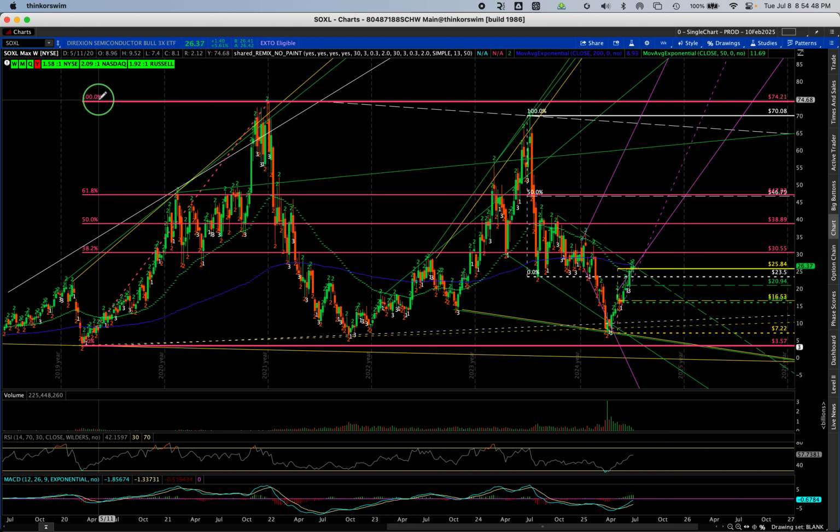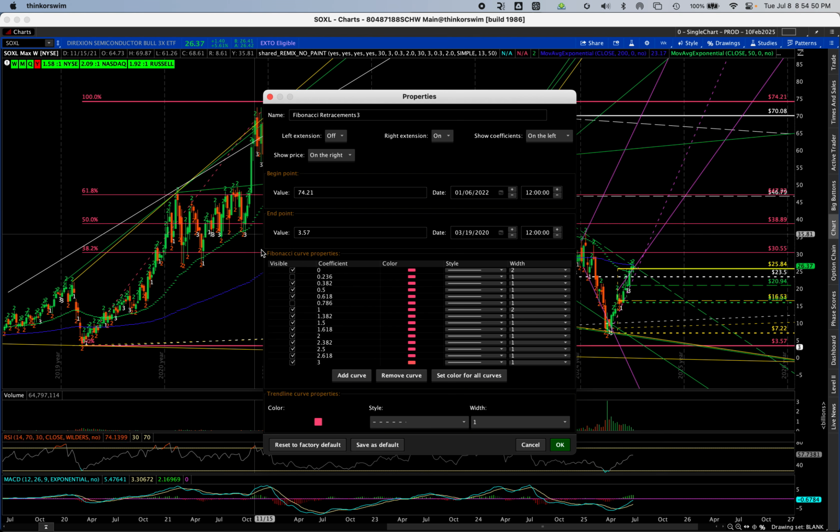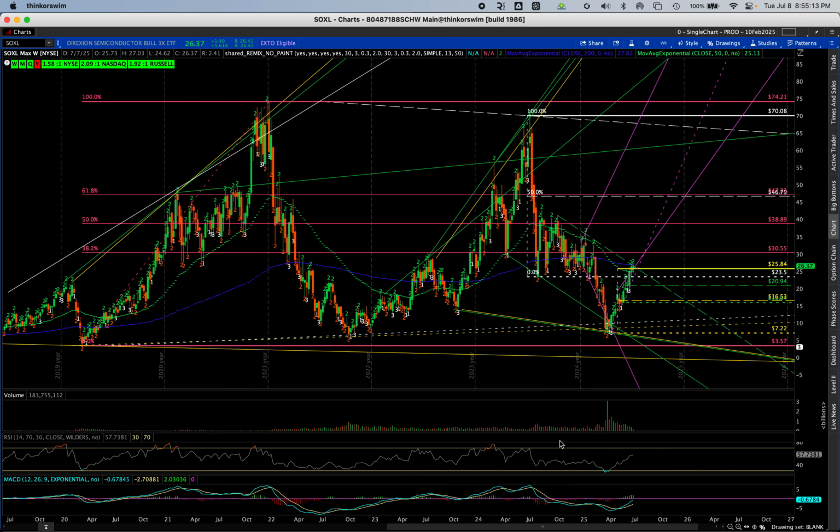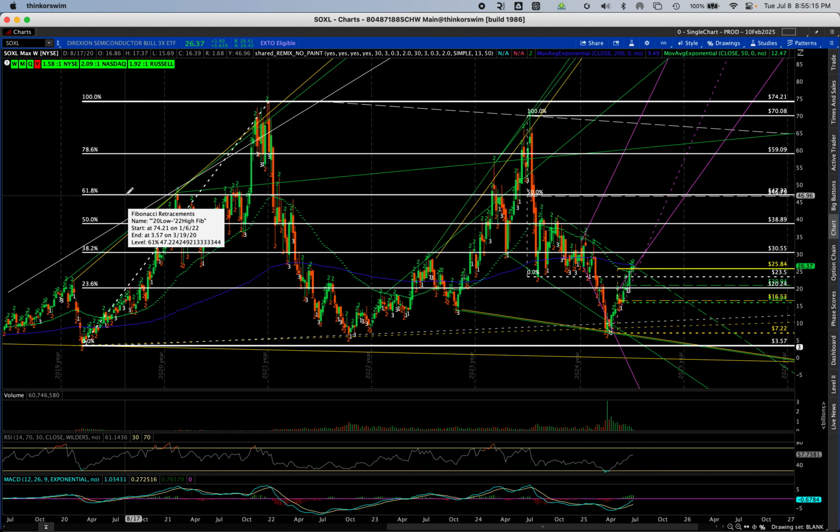They're not as strong generally. Let's go ahead and just put them in here for you. And then I also color code this white just so I know what it is. And then I give it a title of 20 low to 22 high fib, right? That way you can hover on it and it'll tell you 20 low, 22 high fib.